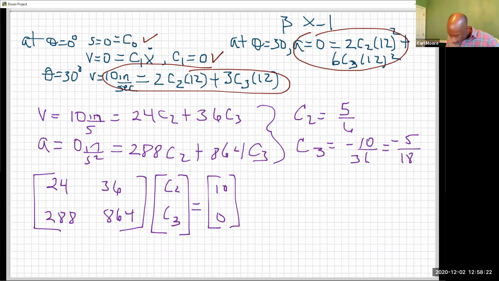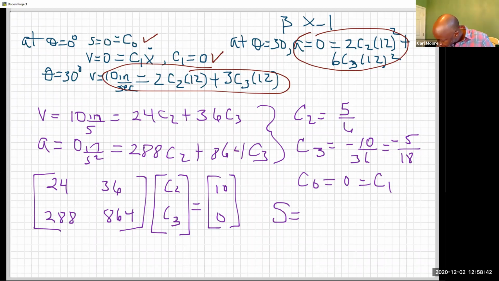Okay, so what is our S equation? Remember, C0 and C1 were already found to be zeros. So our S equation ends up being equal to, what's on the previous page, but I still have it here on the top of mine.